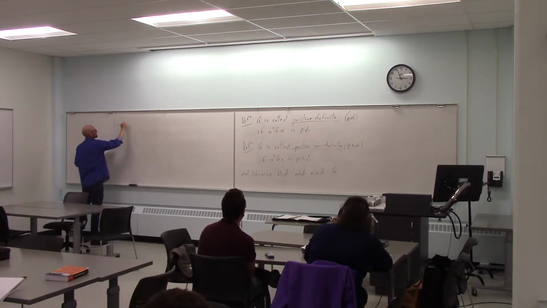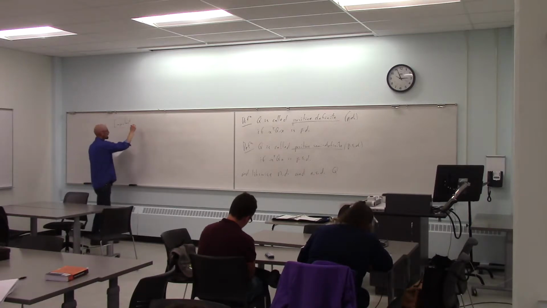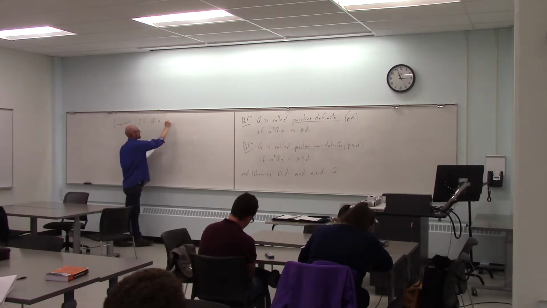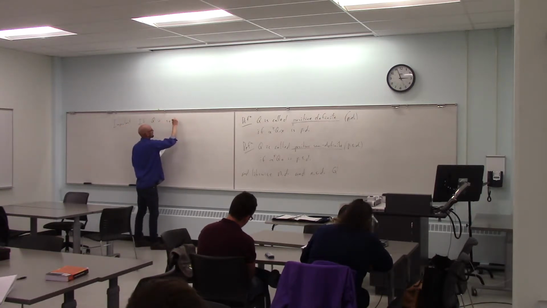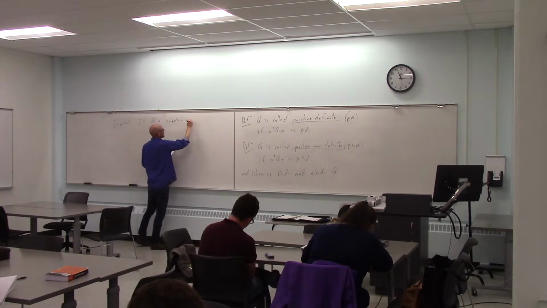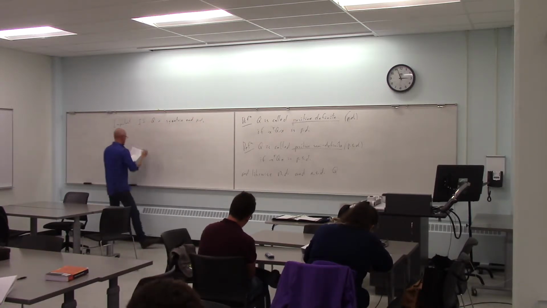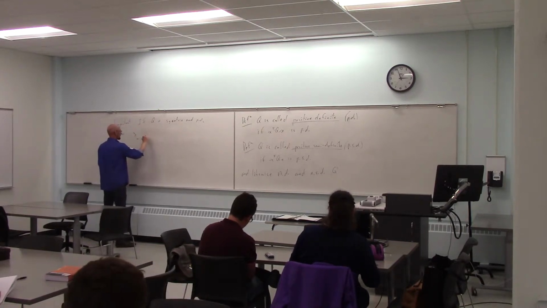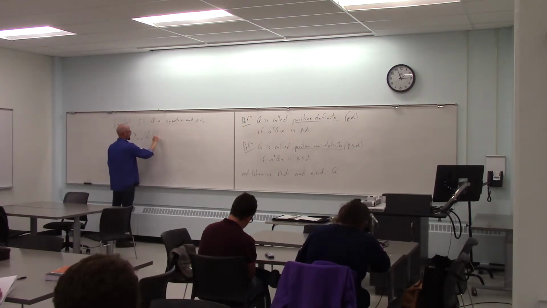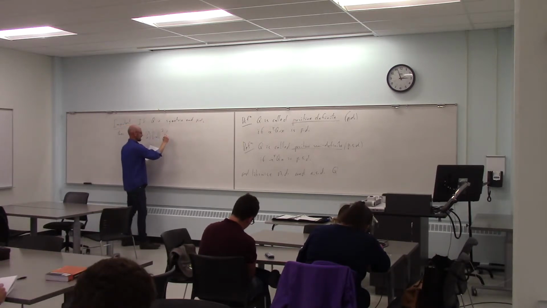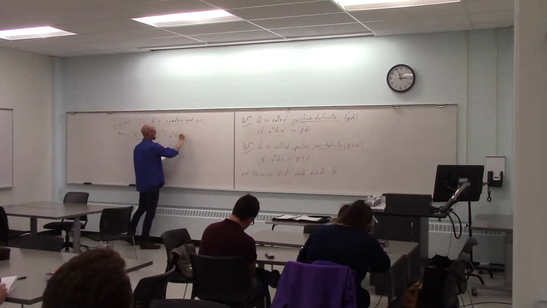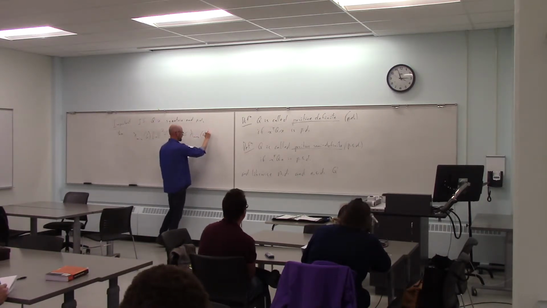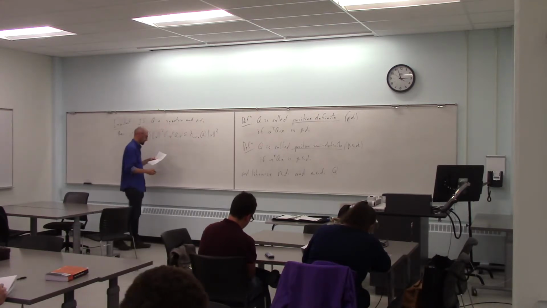So this is really something that's important for you to remember: if Q is symmetric and positive definite, then the minimum eigenvalue of Q times the norm of x squared is less than x transpose Q x, which is less than the maximum eigenvalue of Q times the norm of x squared.